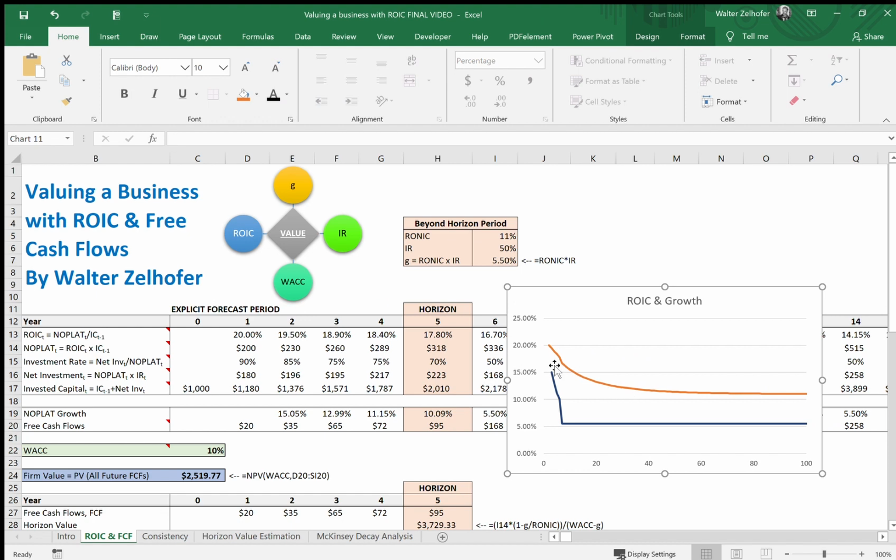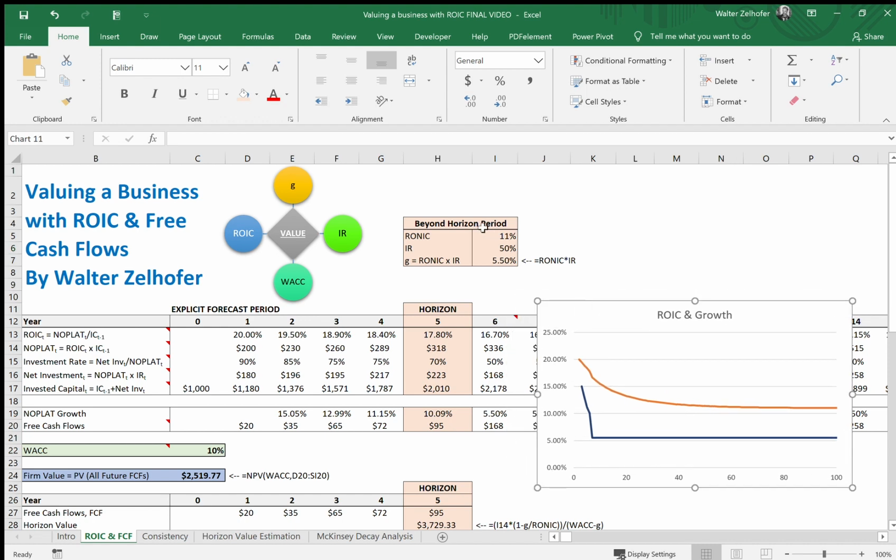Okay, so I am graphing the return on invested capital over time, and over the next 20, 30, 40 years, you could see that it's converging to 11%. Meanwhile, the growth rate drops very quickly to our 5.5% targeted growth rate, and the ROIC decays slowly to the desired ROIC, which is 11%.